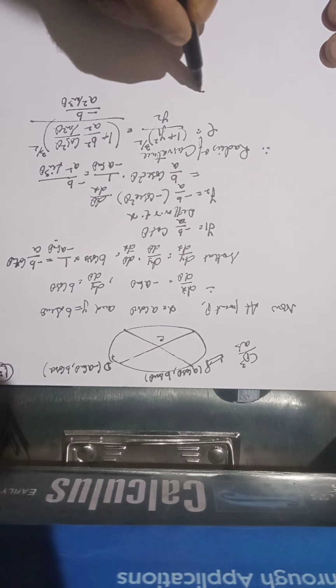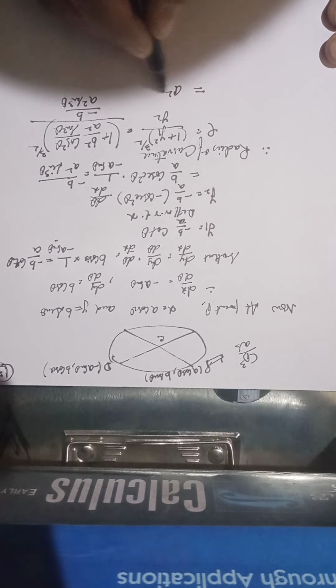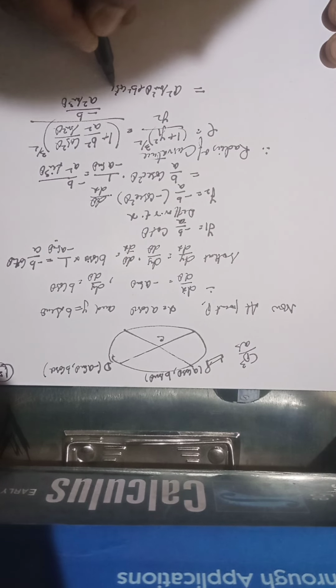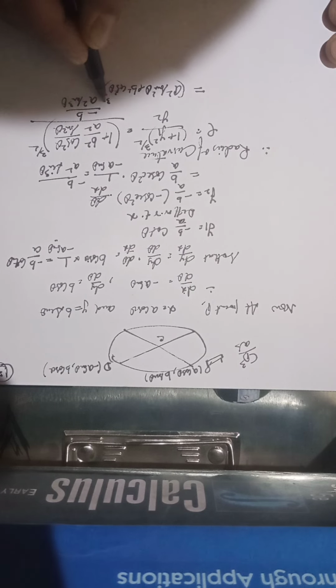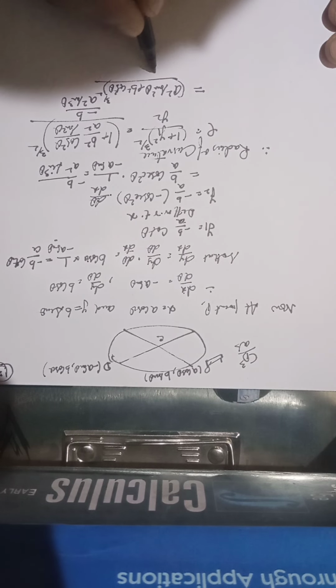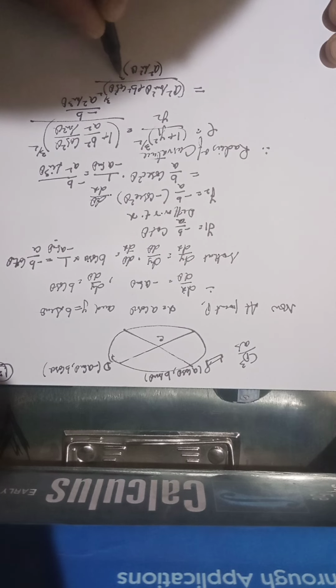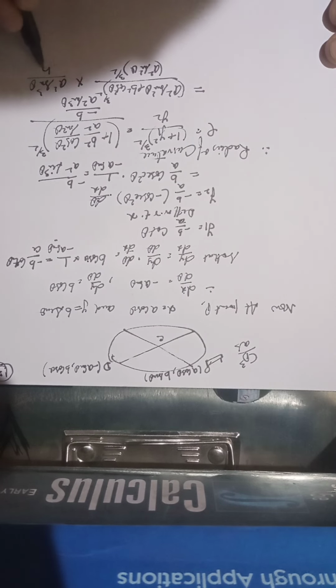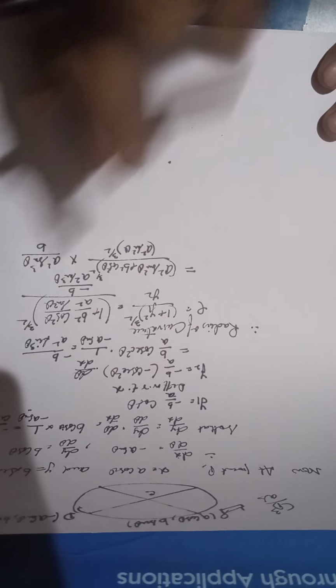Now this can be written as a square sin square theta plus b square cos square theta whole raised to the power 3 by 2 divided by a square sin square theta raised to the power 3 by 2. This is the numerator, and the denominator is a square sin cube theta by b. I have omitted the minus sign because the radius of curvature is taken as positive.